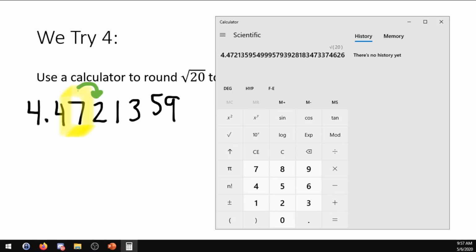I'm going to look to the guy next door. It's a 2, so remember our rounding rules. If it's 5 or bigger, we round up, and if it's 4 or smaller, we round down. So 2 is small, so we're going to round down to 4.47. We're going to leave the 7 alone.